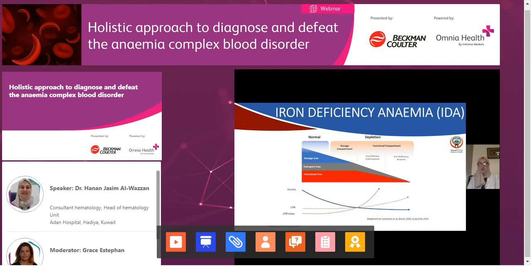In iron deficiency anemia, compare with normal situations, where there are normal stores of iron, a normal functional pool, and a normal transit pool.